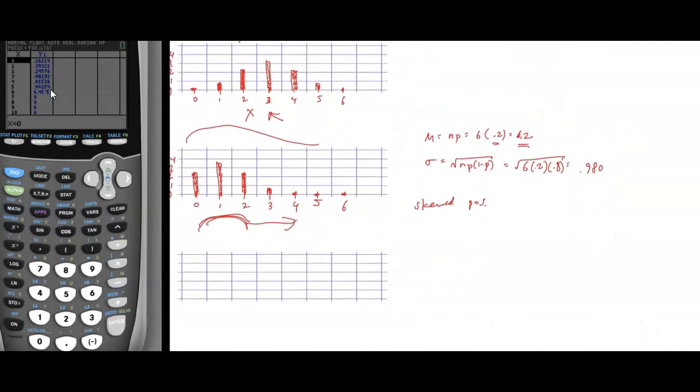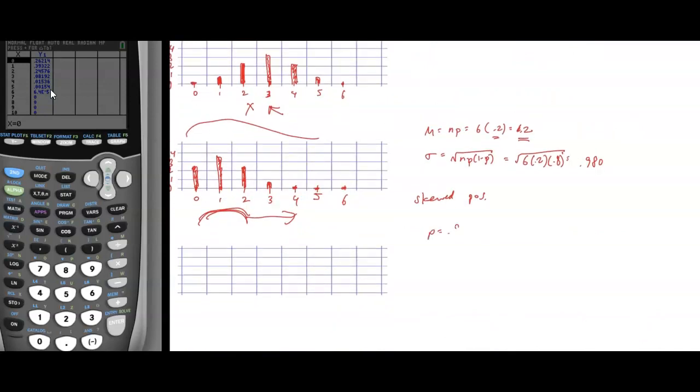The last one is going to be 0.8. So for 0.8, the mu value is going to be 6 times 0.8, which would be 4.8. And then the sigma value would be the square root of 6 times 0.8 times 1 minus 0.8, which was 0.2. And look, the sigma value is going to be the same as this one, right?